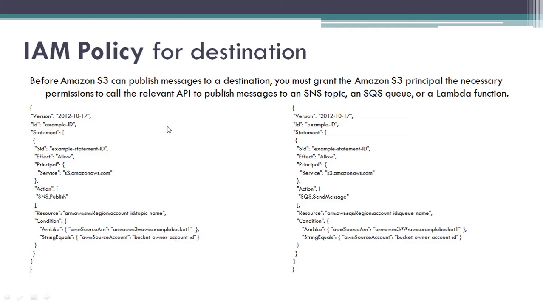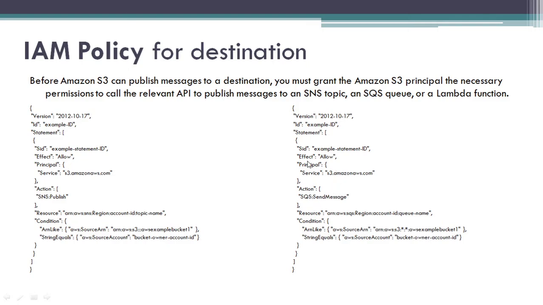So your destination should have permission to get notified of whatever event is happening. You can set the permission like this for your SNS, and the same for SQS.